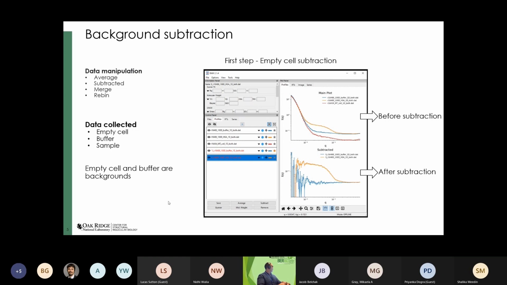Let's assume you have data. You collect the data here. I'm showing protein sample data. The data that we collected here is for HSA.